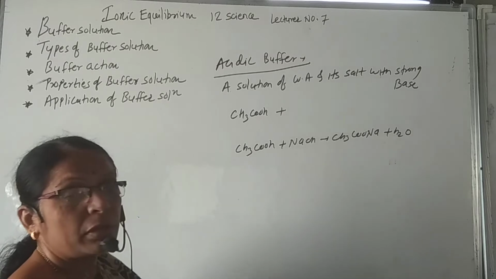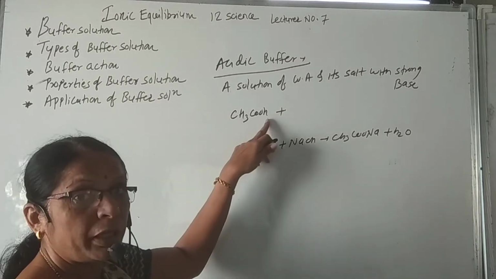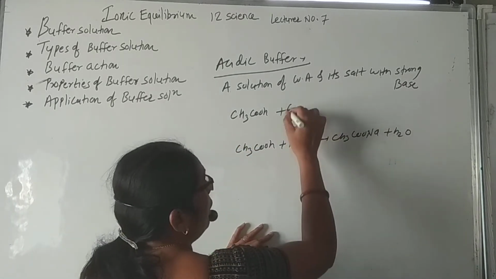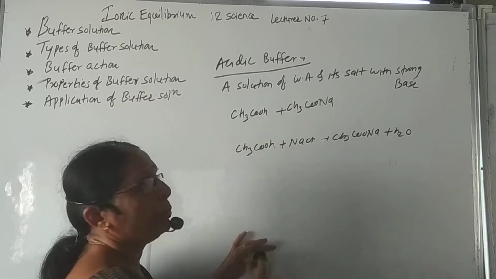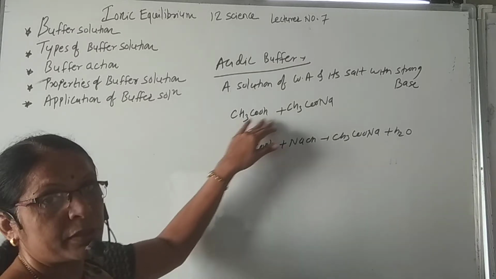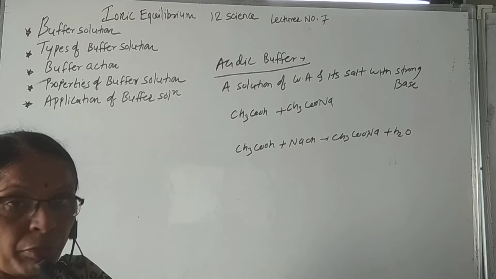So an acidic buffer is a solution of a weak acid and its salt with a strong base. What is the salt? CH3COONa. This is an acidic buffer. So a weak acid and its salt with a strong base gives an acidic buffer.